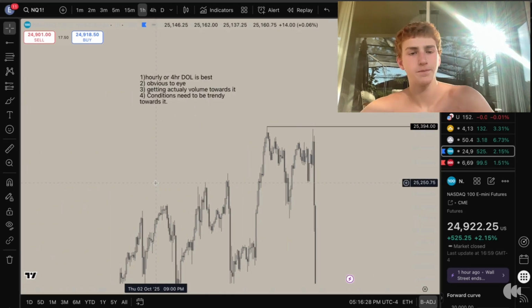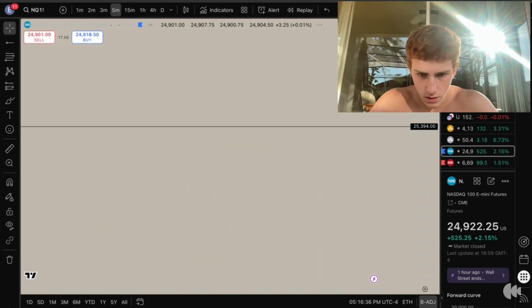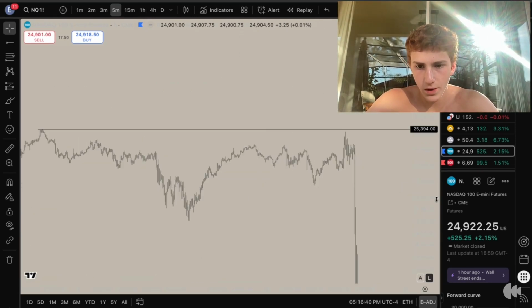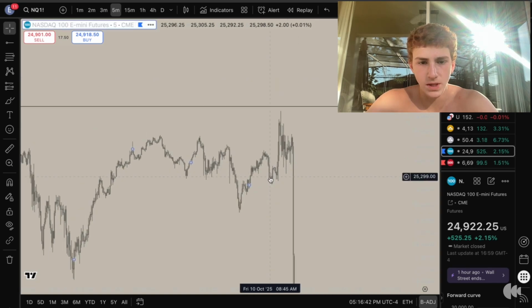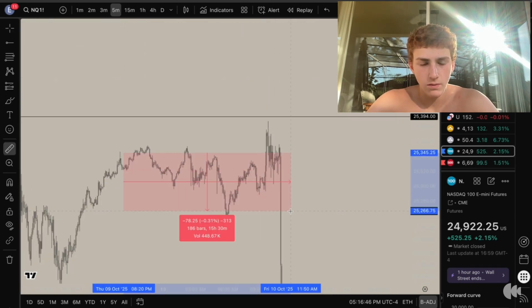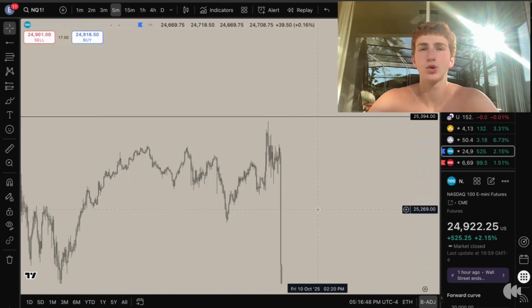And then conditions. Conditions has to do with volume, but it also has to do with the trend. So if I were to go to, let me just find some random time. Okay. So right here, this is an example of the opposite of what I want to see. This right here is just not a trend. This is a range. I don't trade when we're in a range because there's no clear direction.